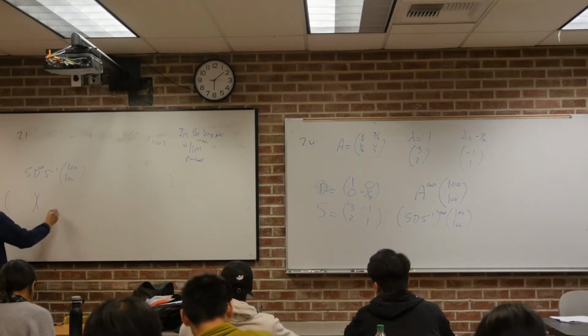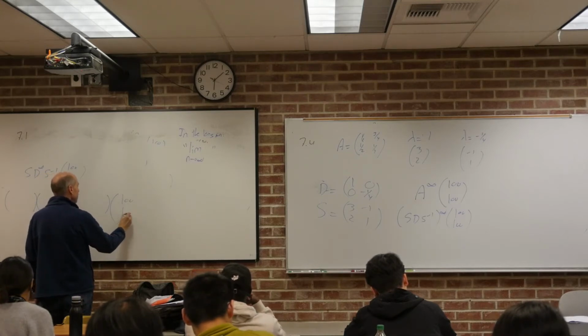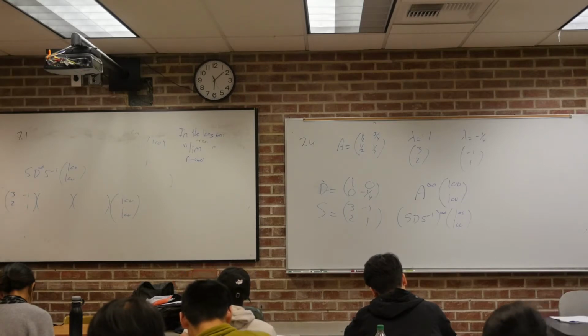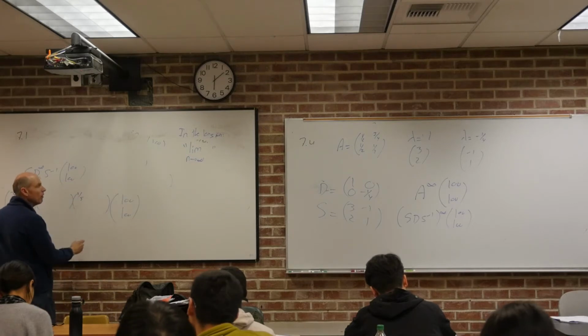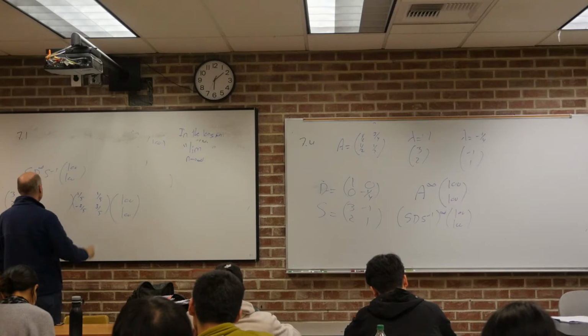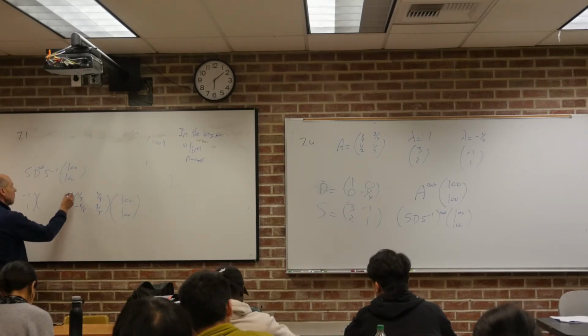Let's actually write this out now. So my S matrix is 3, 2, 1, 1, and this would be 1/5, 2/5. And my D matrix.